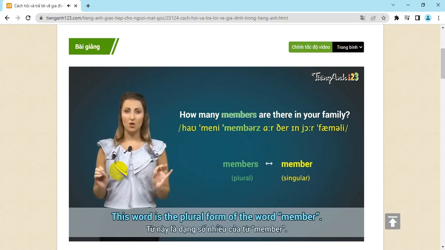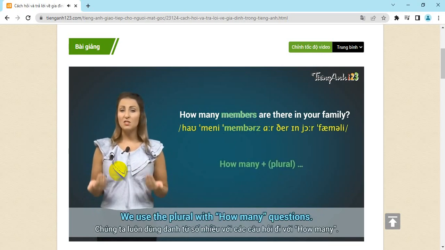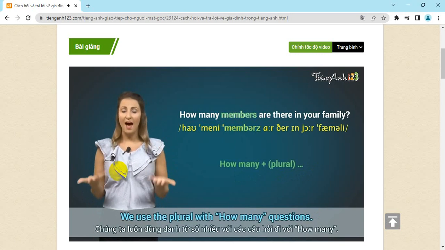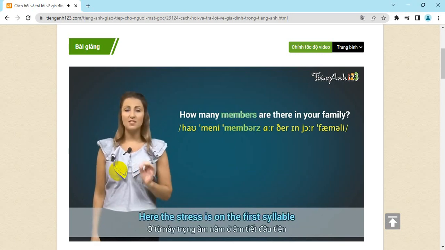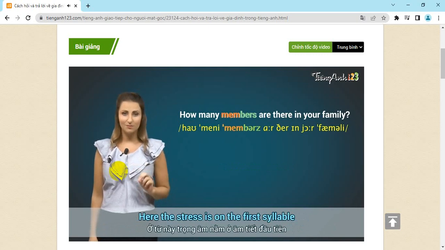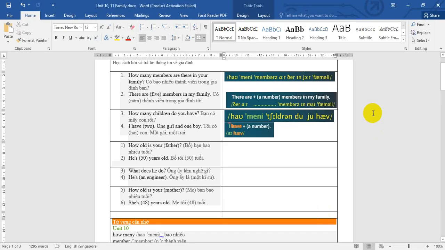Member. This word is the plural form of the word member. We use the plural with how many questions. Here, the stress is on the first syllable, and remember to use the final z sound.